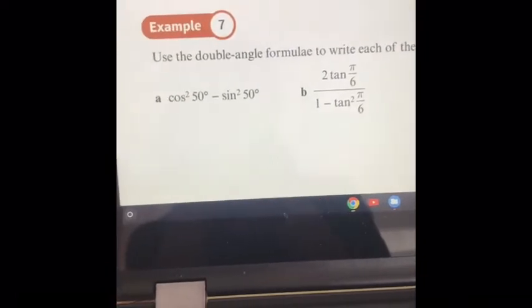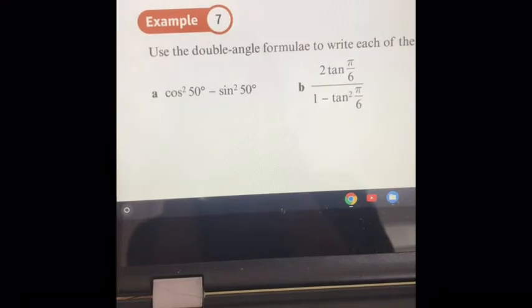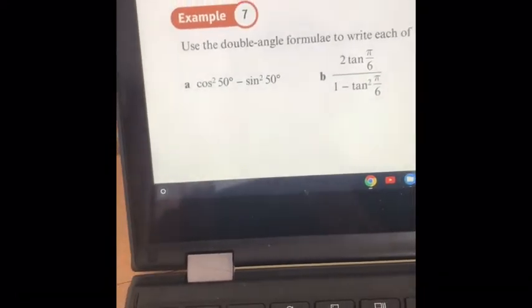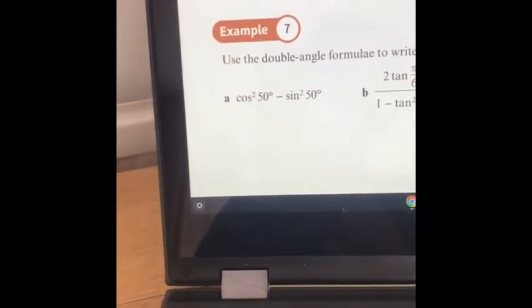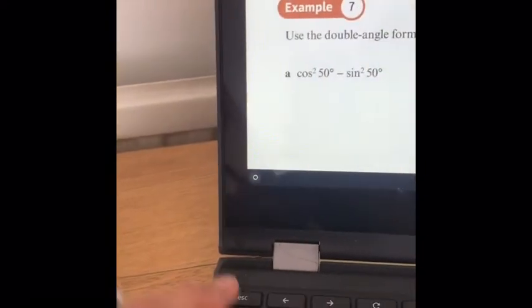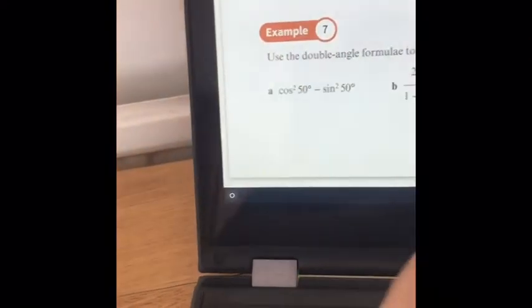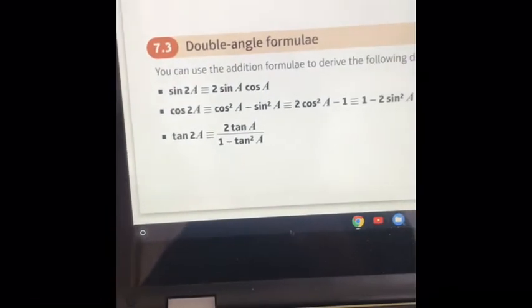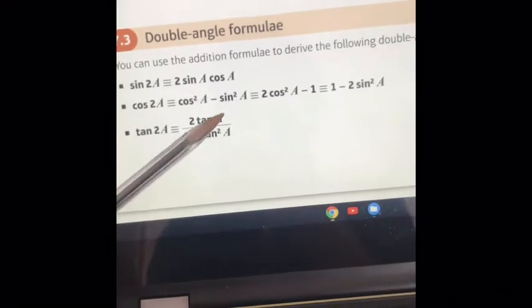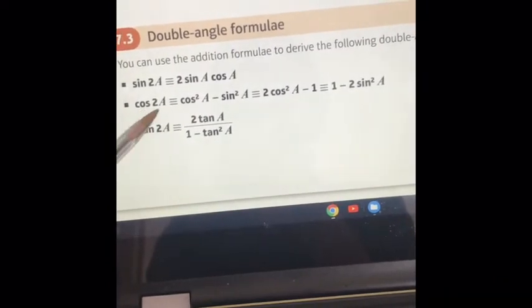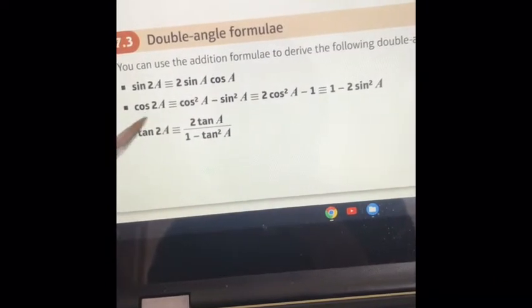Okay, so the first one says cos squared 50 minus sine squared 50. Can you write that as a single trig ratio? Well, I know that cos squared minus sine squared is the cos 2A double angle formula.